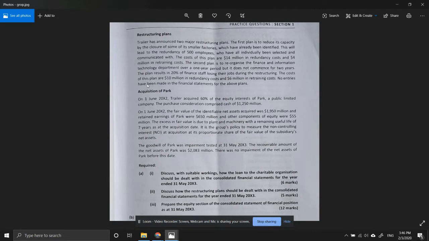The second plan is to reorganize the finance and information technology department over a 1 year period, but it does not commence for 2 years. The plan results in 20% of finance staff losing their job. The cost of this plan are 10 million in redundancy cost, 6 million in retraining cost. No entries have been made in the financial statements for the above, right?